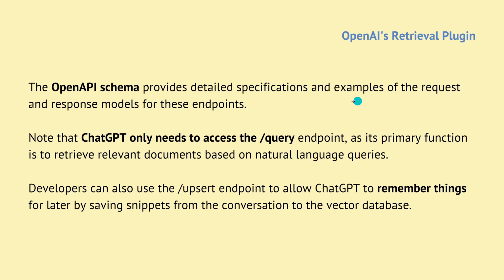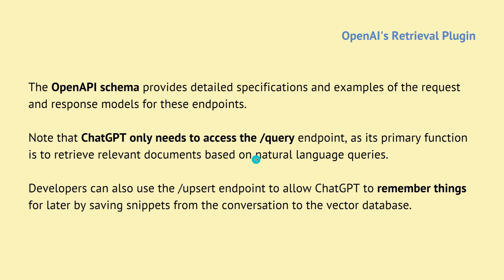I leave you the link to the schema definition in the description of this video. Now, if you use the normal ChatGPT, you more or less only need access to the query endpoint, as this is the primary function to retrieve external documents based on natural language queries.